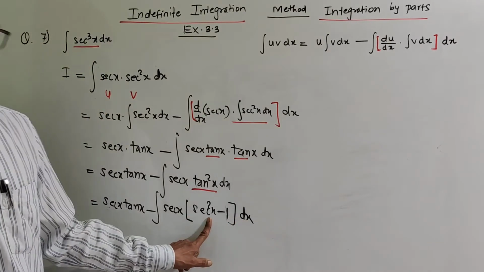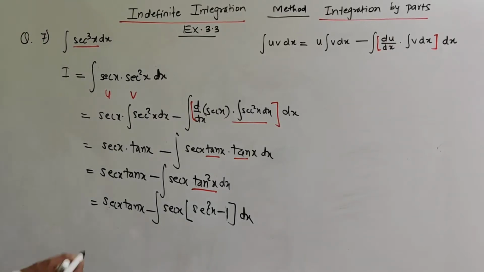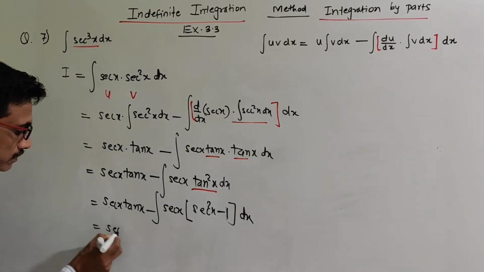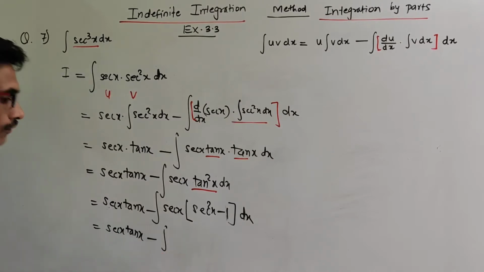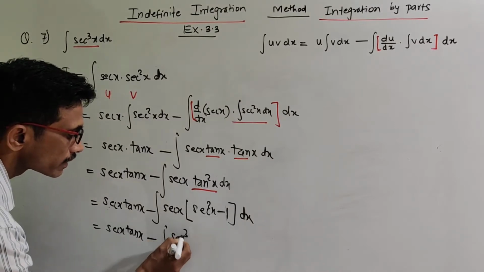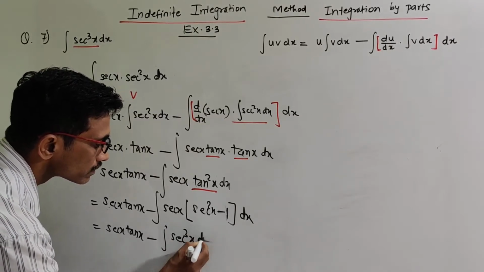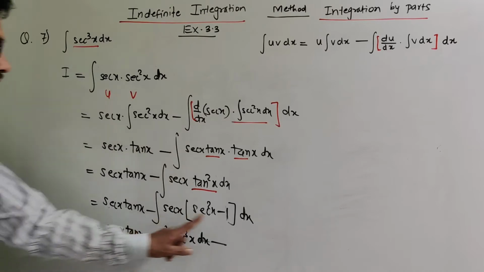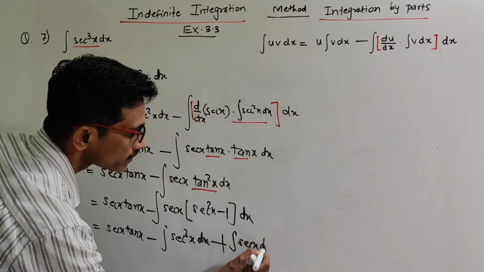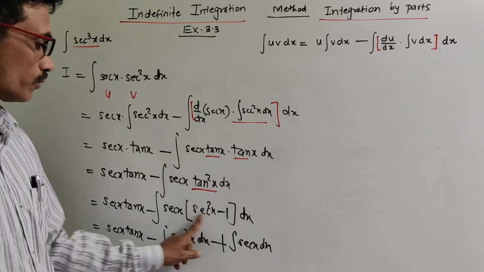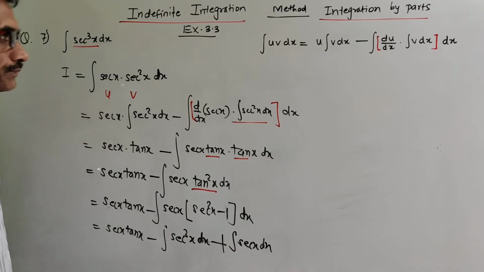Sec x and sec square x will become sec cube x and minus sec x. Separate it. So this is sec x tan x minus integration of sec cube x dx, and this minus will be plus integration of sec x dx. Minus of minus will be plus.